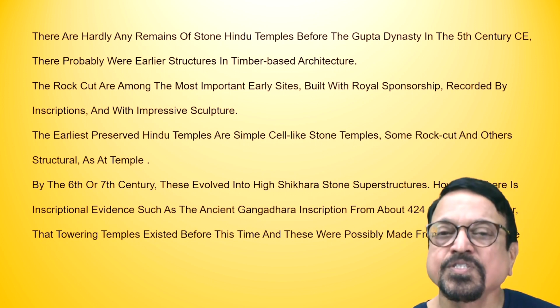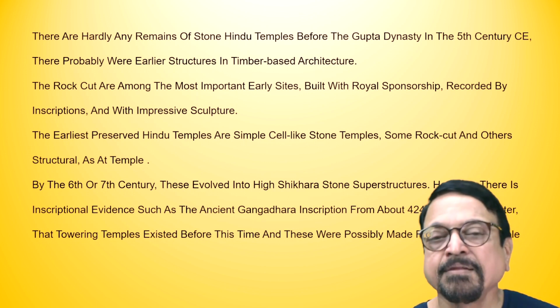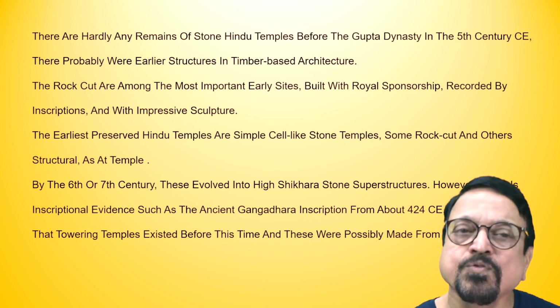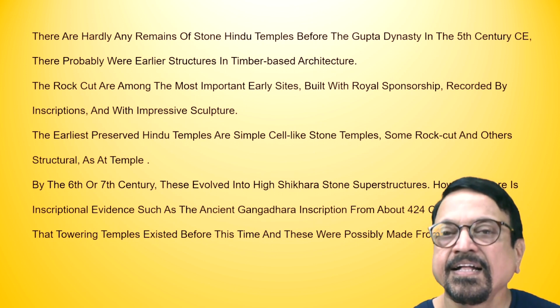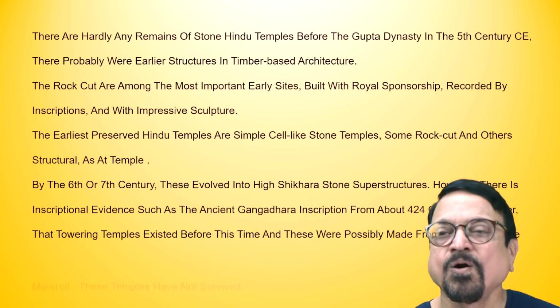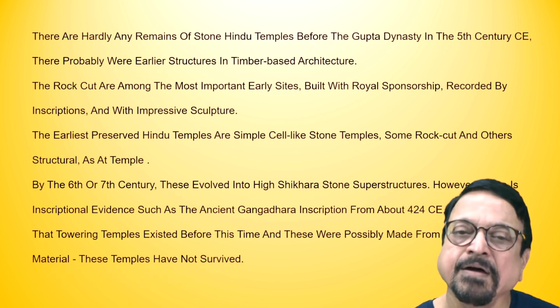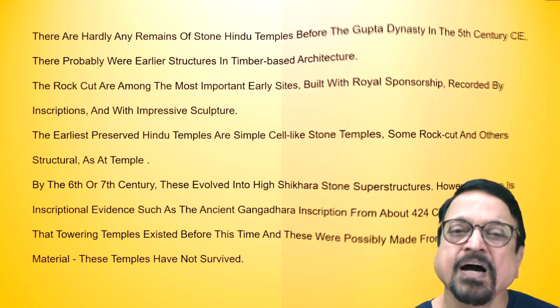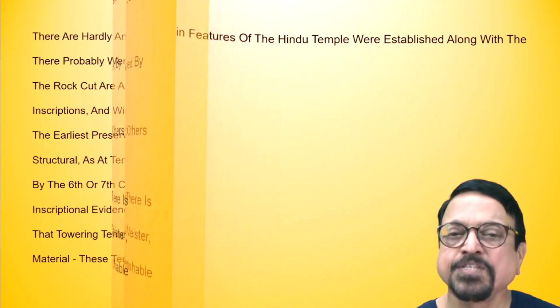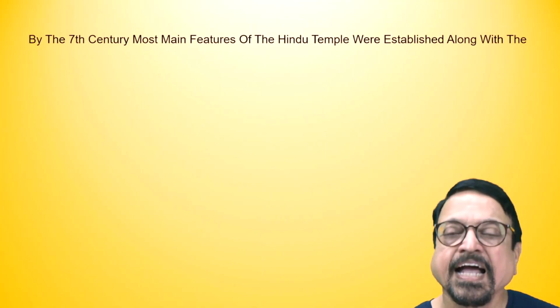Now this practically came to our knowledge because of the inscription written by Gangadhara in 424. That gave us an idea about all these things: what material was used, how the temples survived, which temples existed at that time, and which temple has ruined.